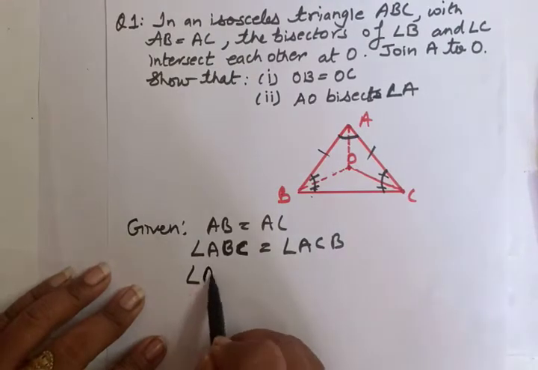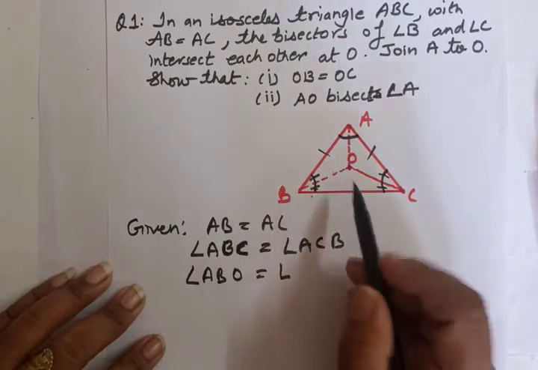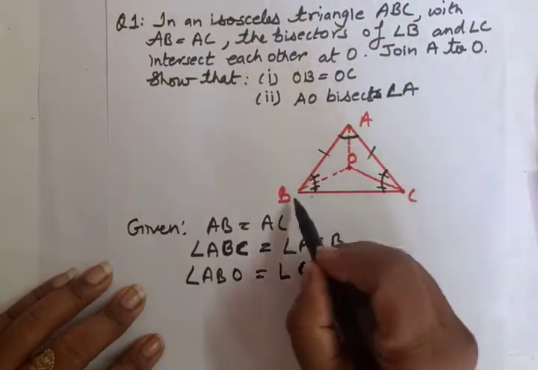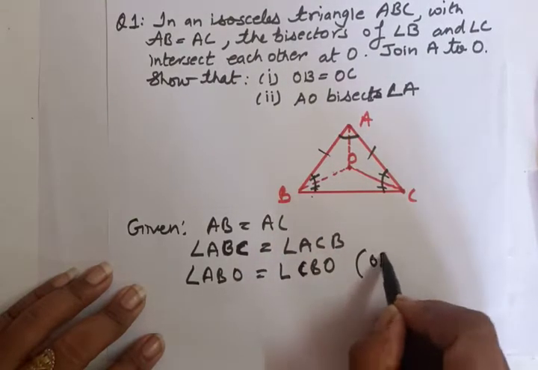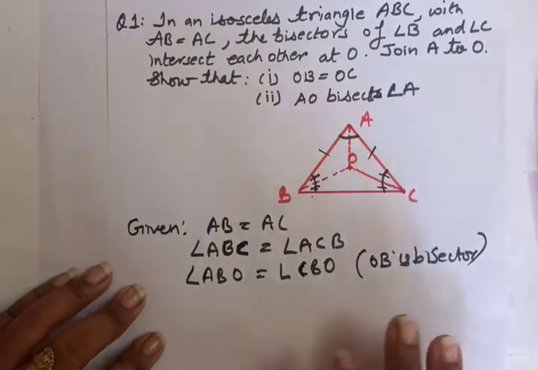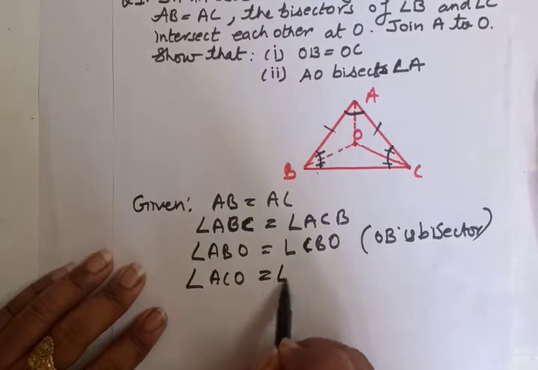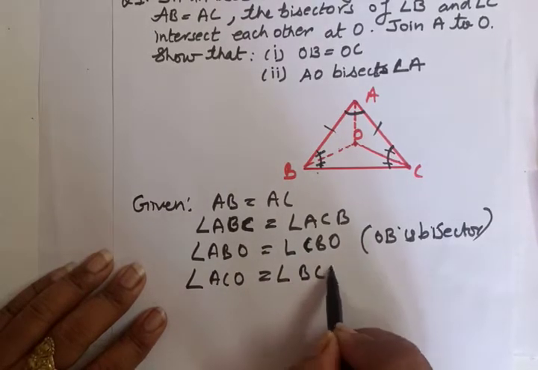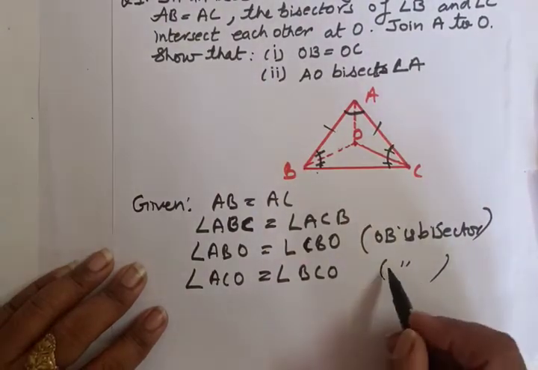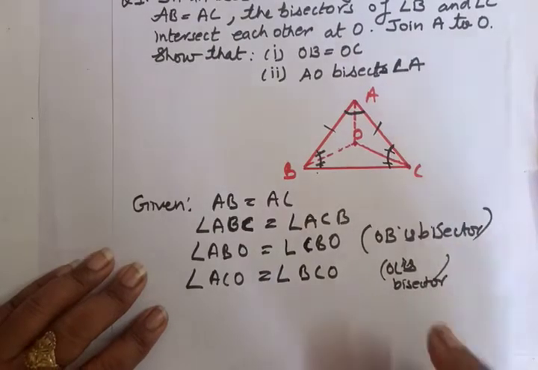Now angle ABO is equal to angle CBO, clear? This angle is equal to this angle, since OB is the bisector. And angle ACO is equal to angle BCO, this angle, yes. Again the same reason is there. Here OC is the bisector, we can write.